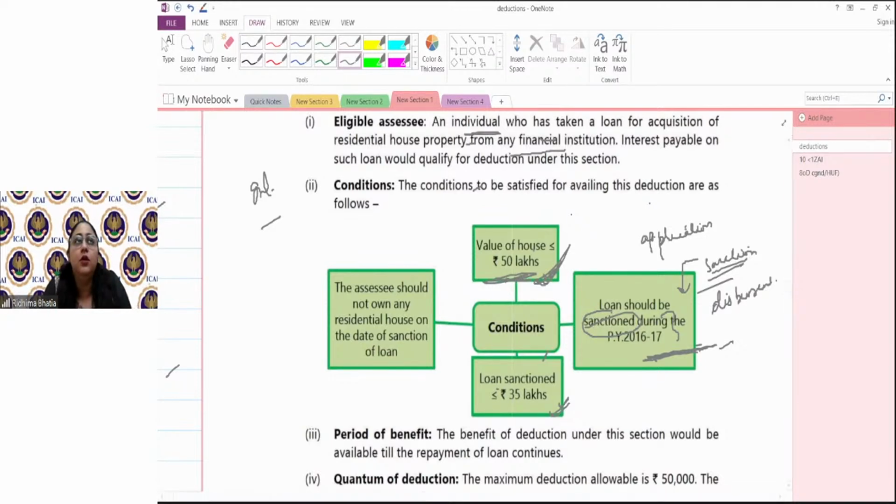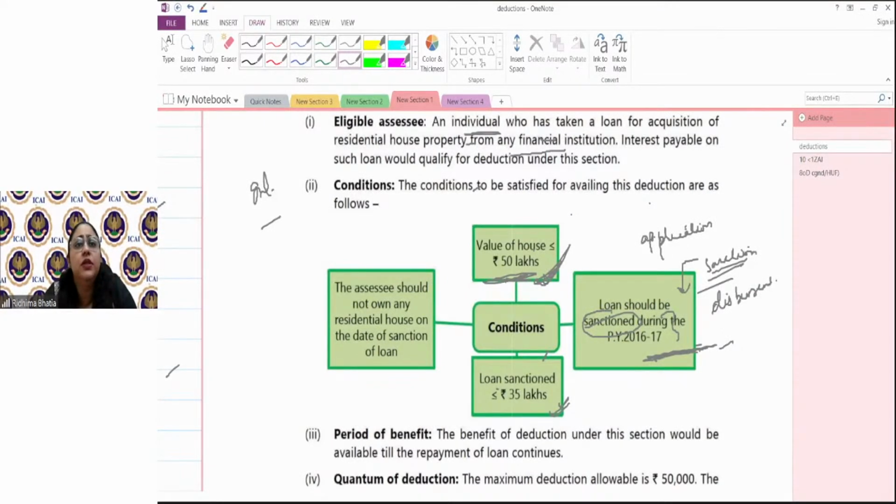The section was introduced for people to invest in a house, so that at least they should have that house. The purpose was that everyone should have a house, everyone should own a house. With that purpose, 80EE was introduced.